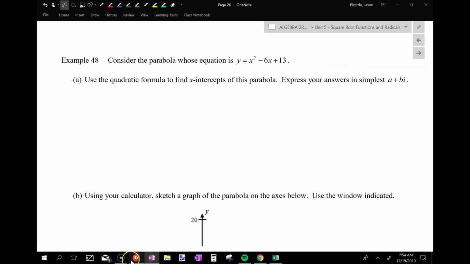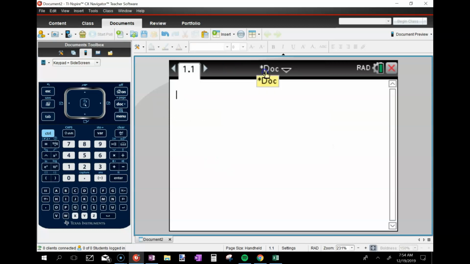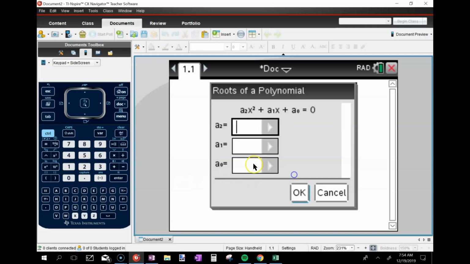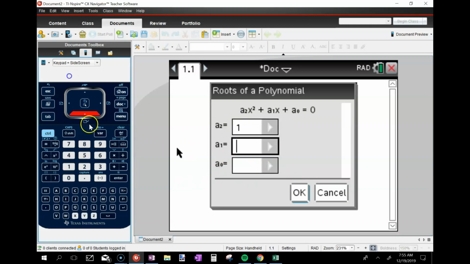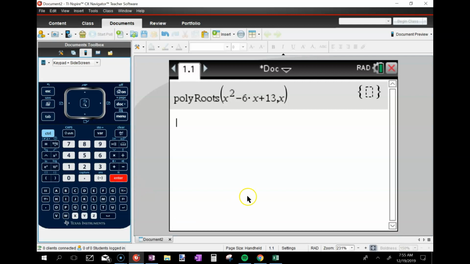So 1, negative 6, 13. There's my 1, negative 6, and 13. And we get the empty set.